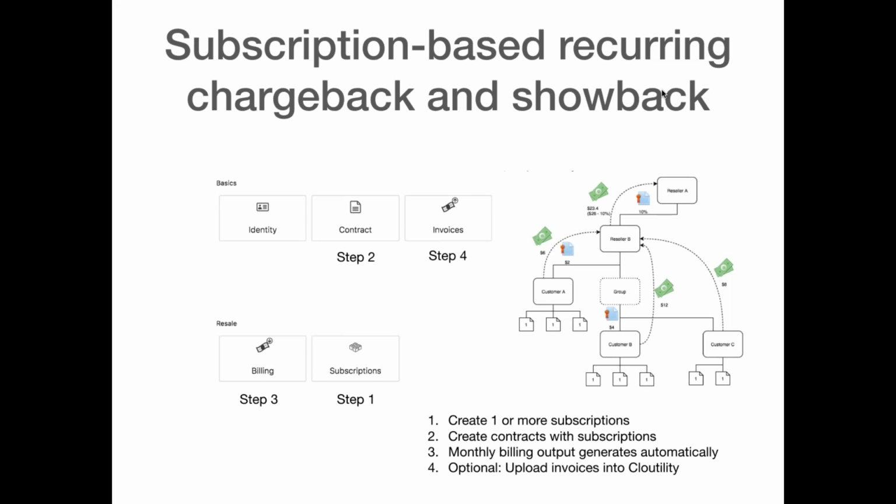If the customers have privileges, they can go in and see their historical invoices. These invoices can also be sent automatically: Cloutility will watch for when new invoices arrive, and once they arrive, they will automatically be sent to the customers. So a really flexible model for billing automation.